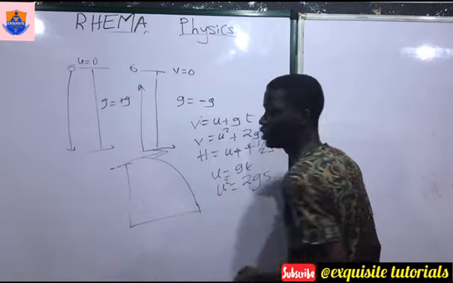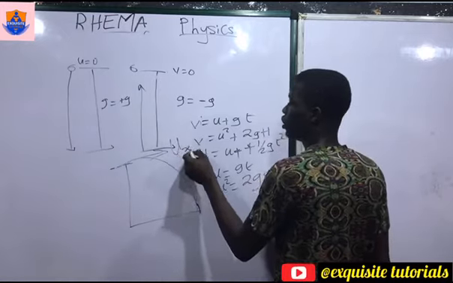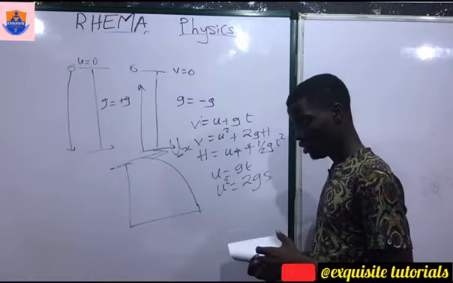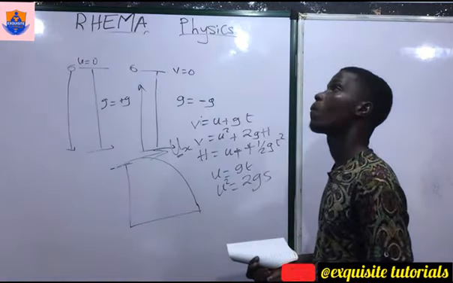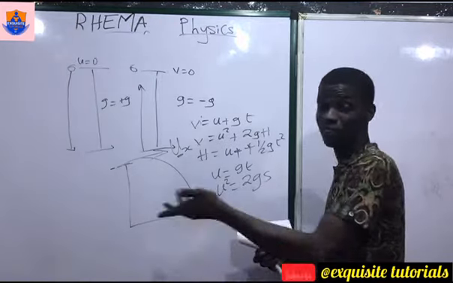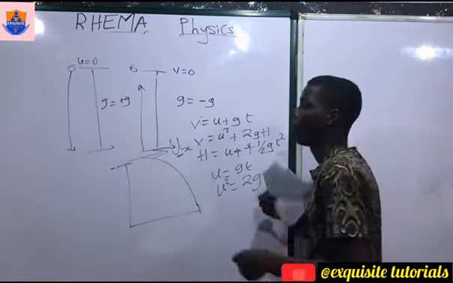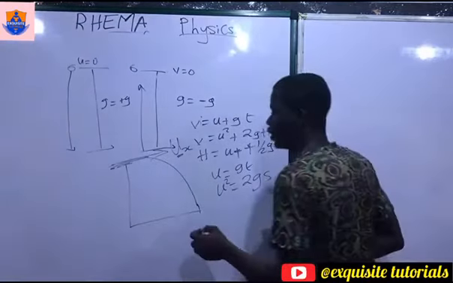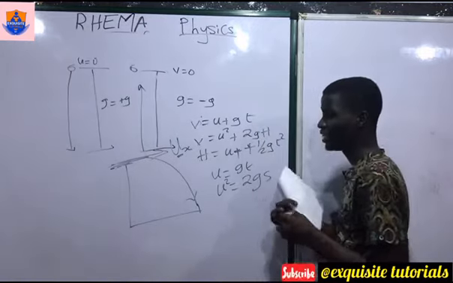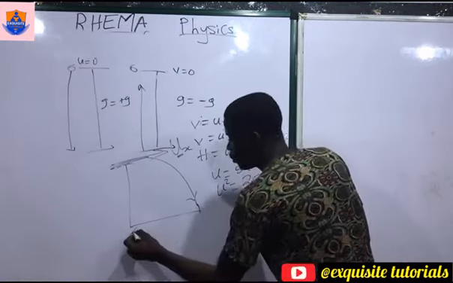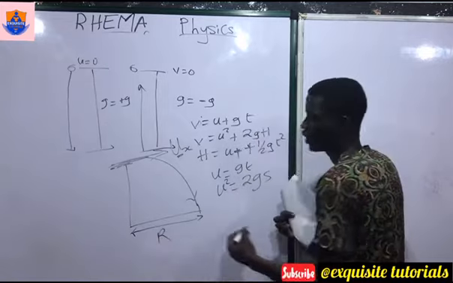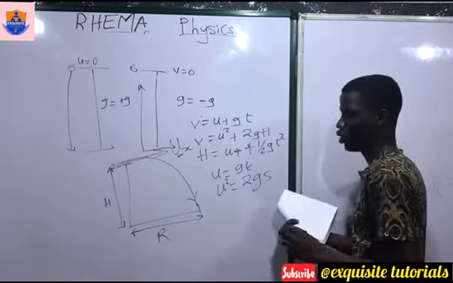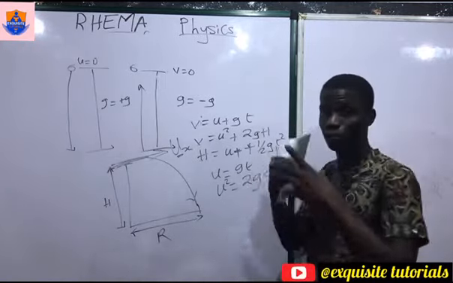The initial velocity is solely dependent on the x coordinate. In your graph, we have the x-axis and the y-axis, so our initial velocity is solely dependent on the x dimension. When the object is about landing, the distance it covers is called the range. This is the height, of which you all know about this. I'm just trying to brief us on everything.